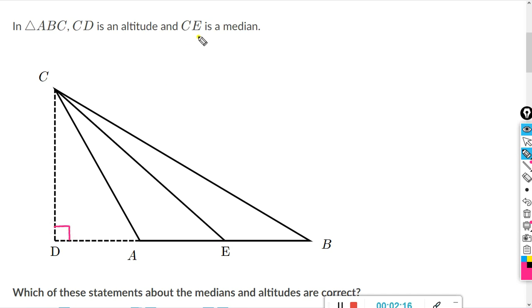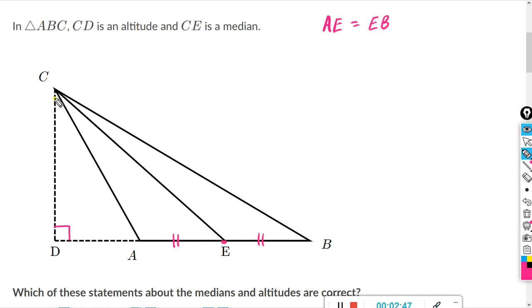And CE is a median. So this is CE right here. E has to be a midpoint because a median goes from the vertex to a midpoint on the opposite side. If E is a midpoint, that means AE has to equal EB. So let's write that out. AE equals EB.